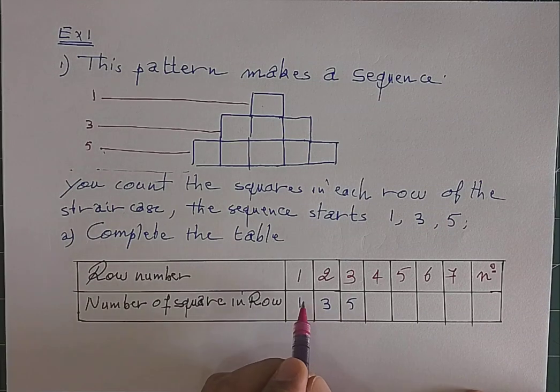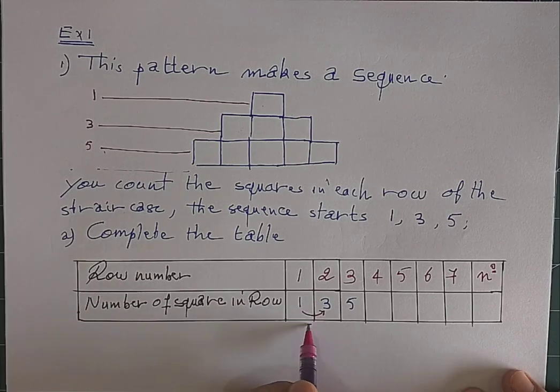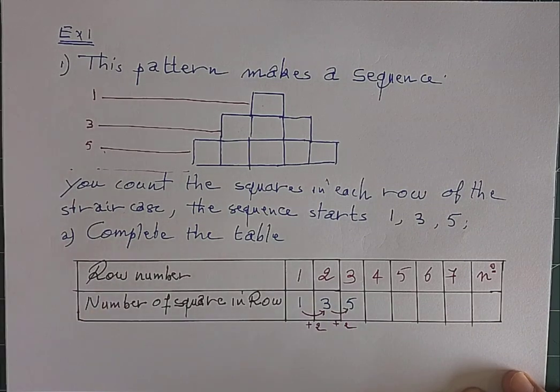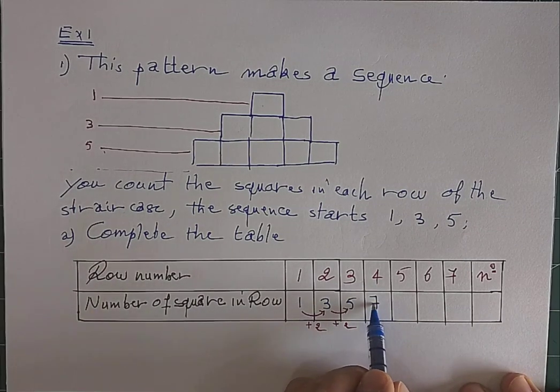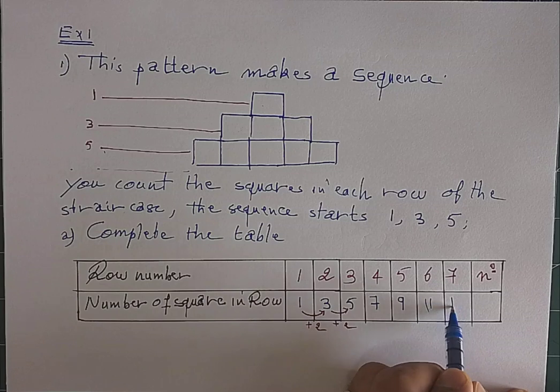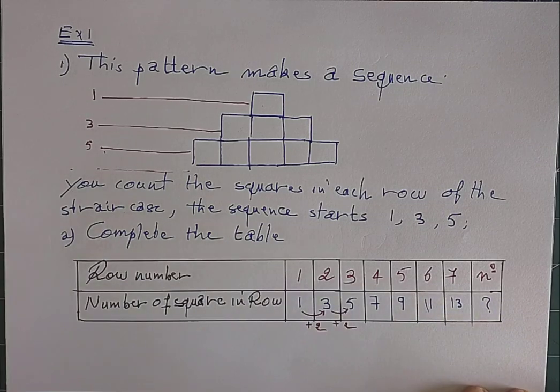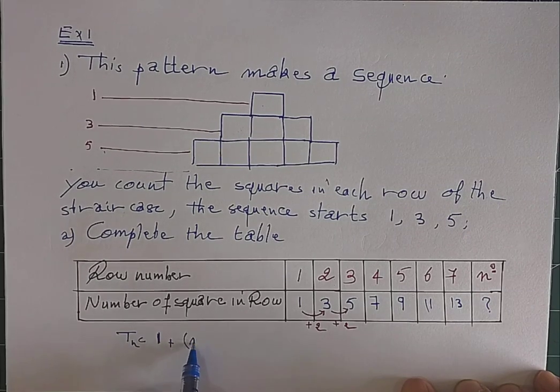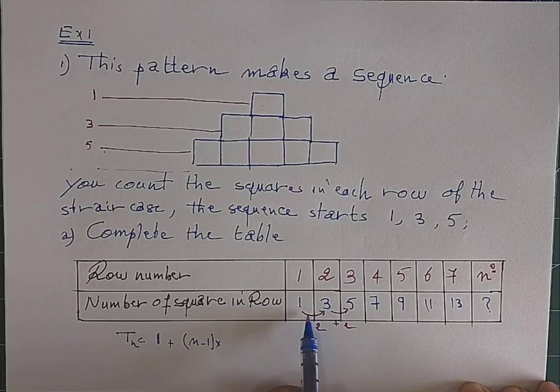Here I add plus 2, here also I add plus 2. The next one is 7, then 9, 11, 13. But how much in the nth row? So Tn equals the first term, 1, plus n minus 1 times the step, which is 2.